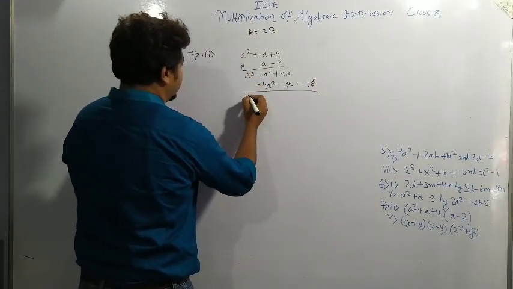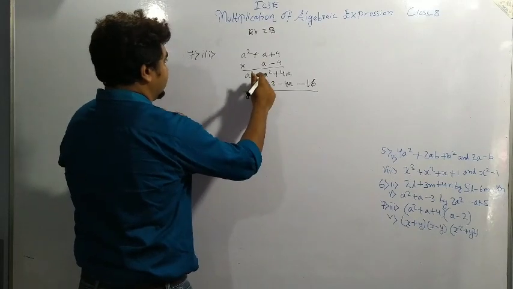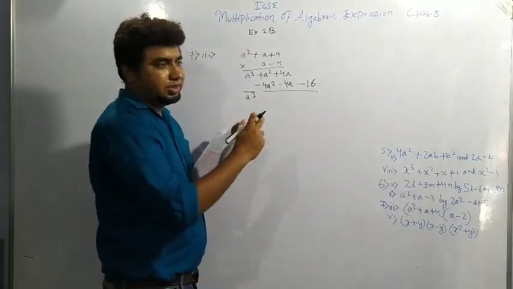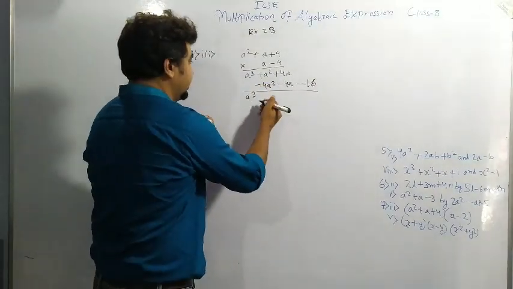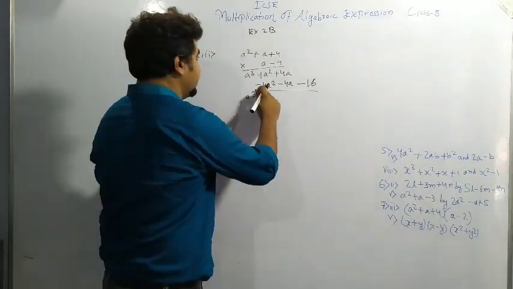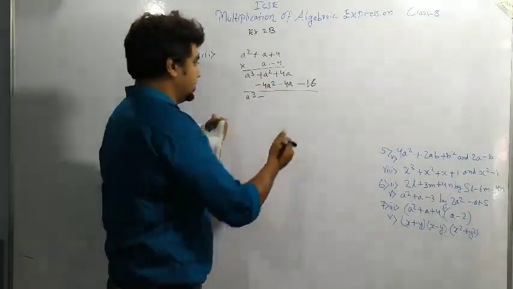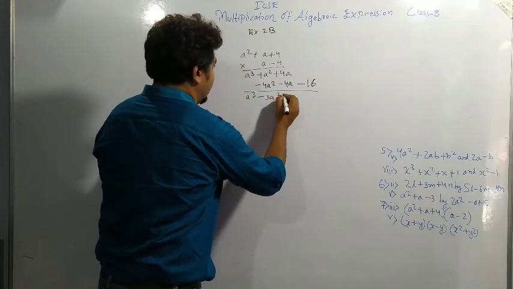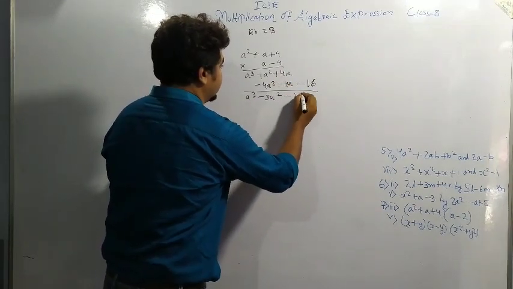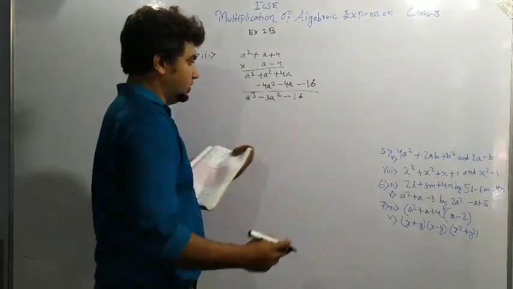So a cube we are getting. Plus minus will become minus, and as you are able to see that sign of the bigger number is minus, so you will be getting minus, and we have to do minus only. 4 minus 1 is 3, minus 3a square, and this is plus 4 minus 4 will become 0, and this is minus 16. So this is 7 bit 3.